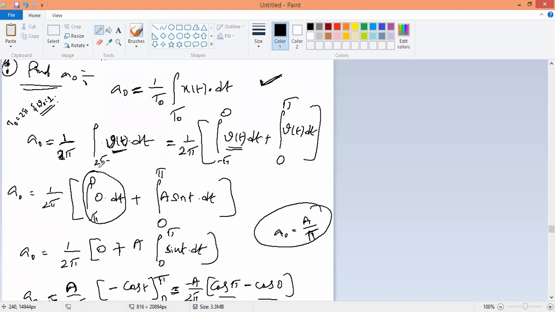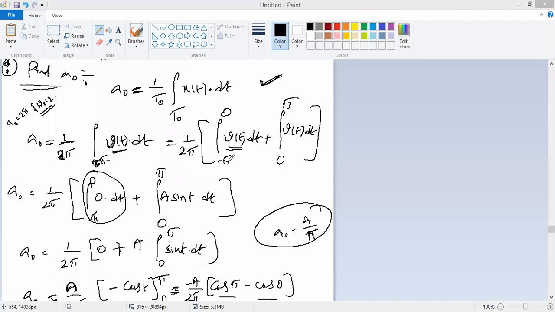So this 2 pi I am writing as the first interval minus pi to 0, and the second interval 0 to pi. By combining these two, we get the 2 pi only: integral minus pi to 0 of v of t dt plus integral 0 to pi of v of t dt.